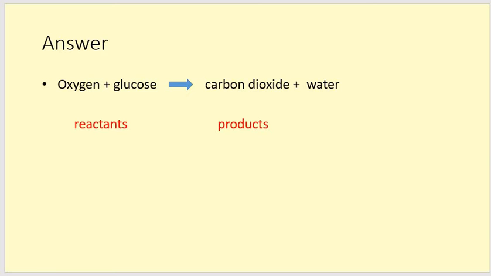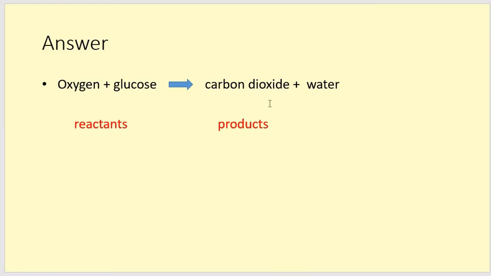And you should have this. You should have oxygen plus glucose gives carbon dioxide plus water. Doesn't matter which order oxygen and glucose are in. It could be oxygen plus glucose, or it could be glucose plus oxygen. You've got an arrow to show the direction of change. These are your reactants. They are what you start with, the oxygen and the glucose. They make carbon dioxide plus water.